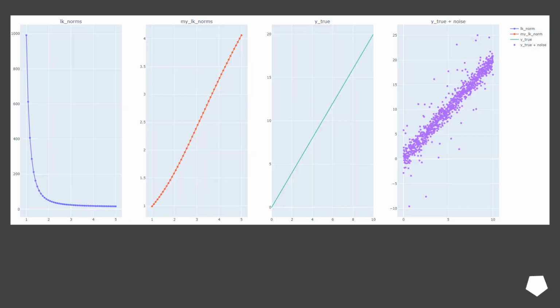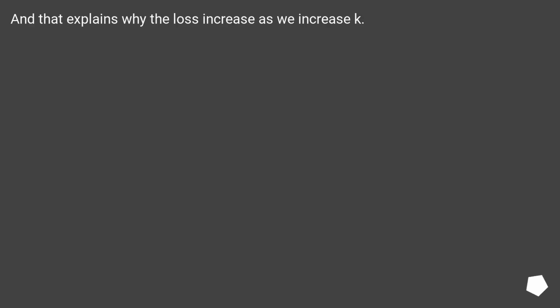Output. And that explains why the loss increases as we increase k.